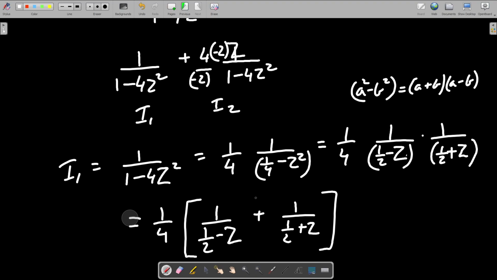Just to explain again what I did, I had written the numbers like this only. If I cross multiply them, the denominators will get multiplied and give you this. Numerator should come 1. So this will go on top, it will become half plus z, and this will go on top here, this will become half minus z. So z and z will get cancelled, half plus half is becoming 1. Okay, so directly it is this.